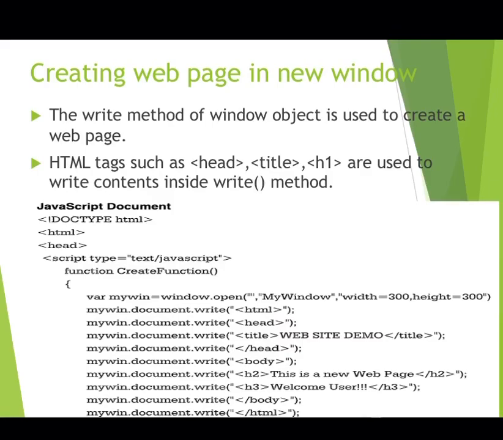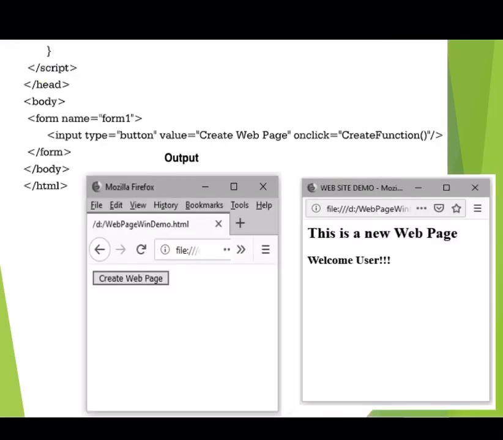Okay, then my_win.document.write close body tag, then my_win.document.write close your HTML tag. Okay, so your new web page is created which has two lines, this is the new web page and welcome user. Okay, then close your curly bracket, close the script tag, close head tag, then open your body tag.